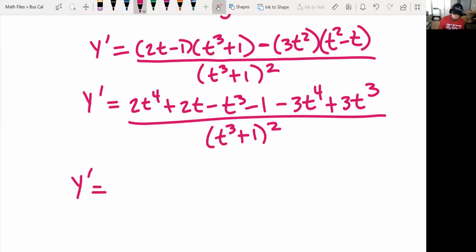Okay, combine like terms. I've got 2t to the fourth, negative 3t to the fourth. I've got negative t to the fourth. Negative t cubed, positive 3t cubed, that is 2t cubed.